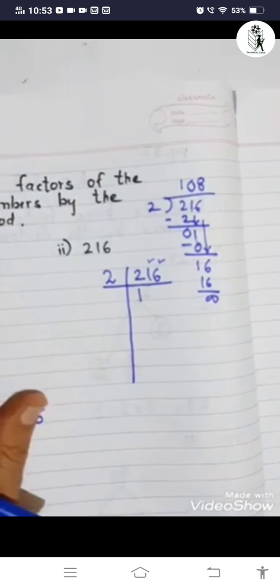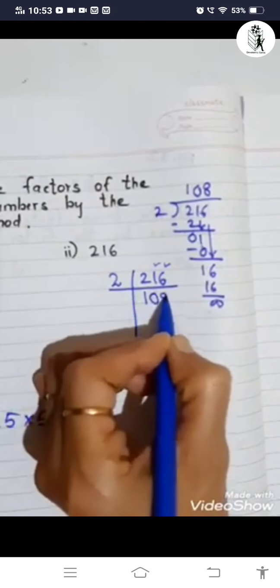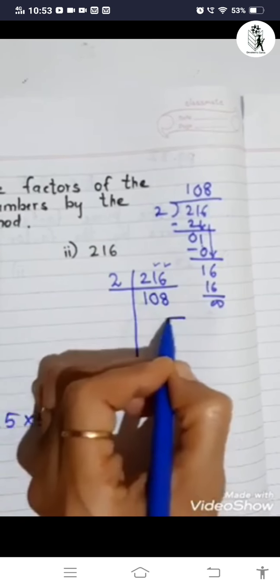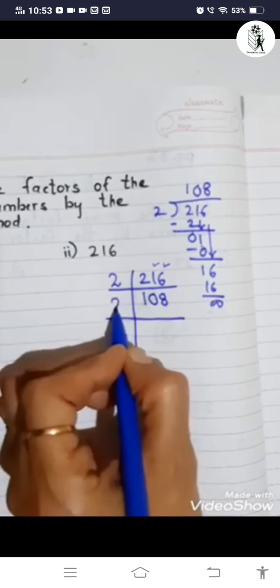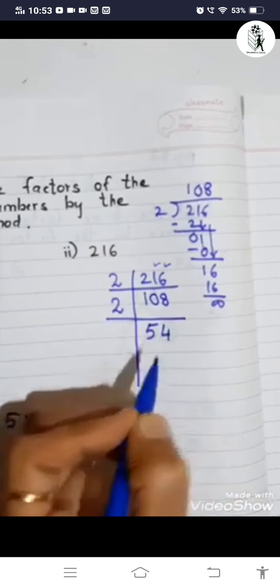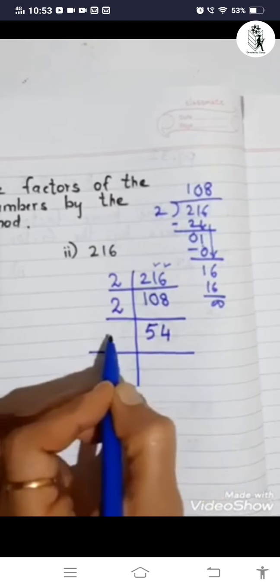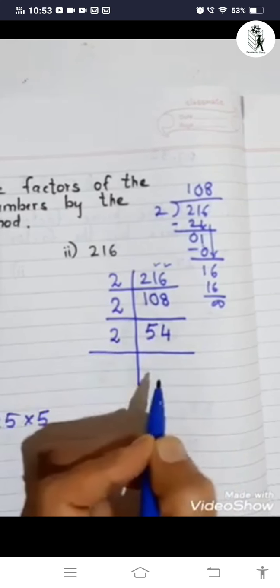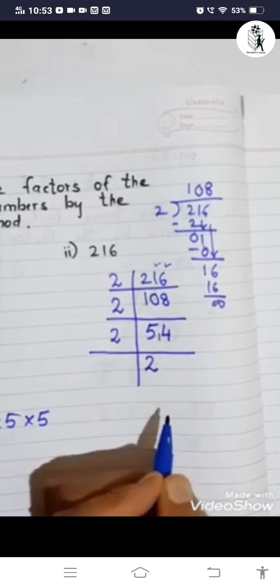So here also we will do the same thing. 0 and 2 8s are 16. Again we'll continue because the last digit is 8, an even number. Again we will start with 2. 2 5s are 10. 2 4s are 8. Again the last digit is an even number. Again we'll start with 2. 2 2s are 4. 1 remains.